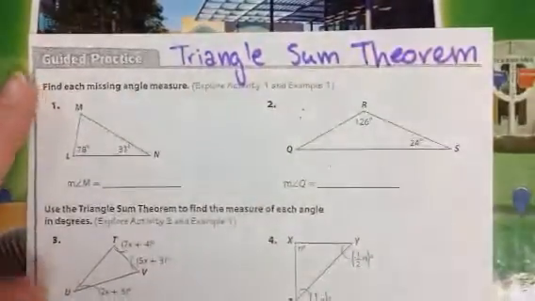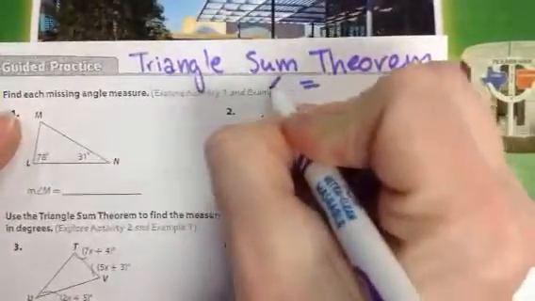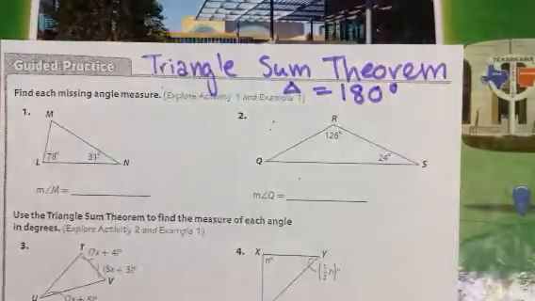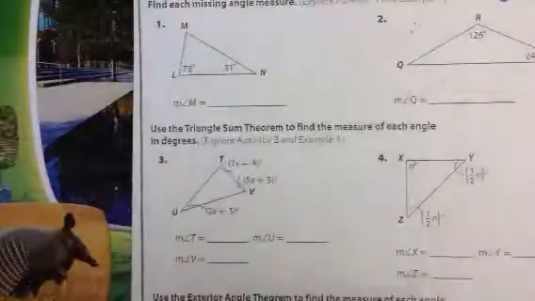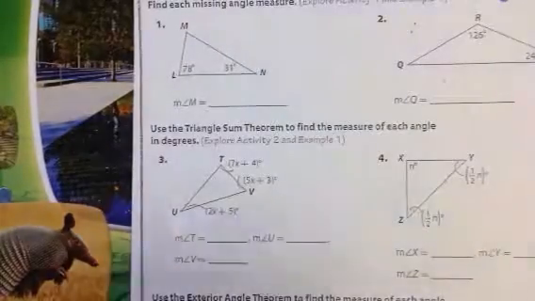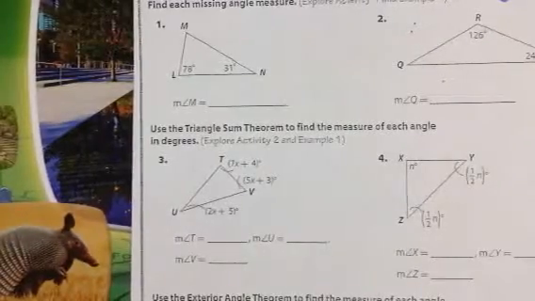And that simply states that if you add up the angles to a triangle, it's going to be equal to 180 degrees. So whenever you already have two of them, you will be adding them and taking them away from 180 degrees.